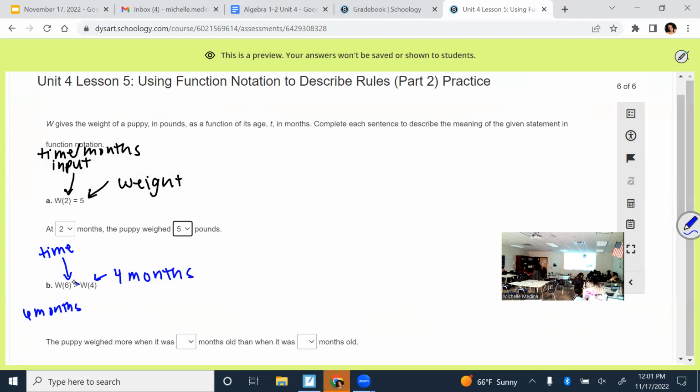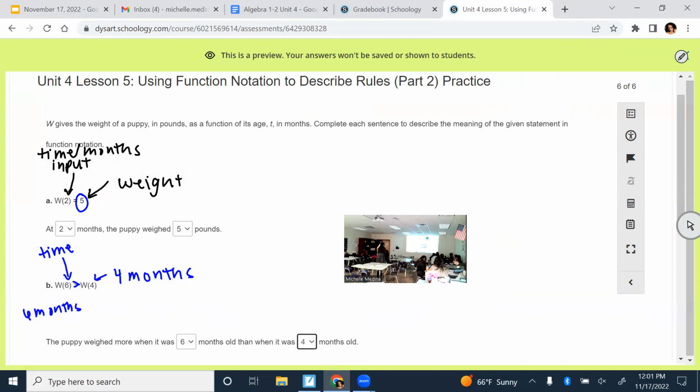So look at what it's saying. The output is when it's put together, right? So like W of 2, W of 6 is the weight at 6 months. So what is this saying? The puppy weighed more when it was 4 months old than when it was 6. And that makes logical sense, right?